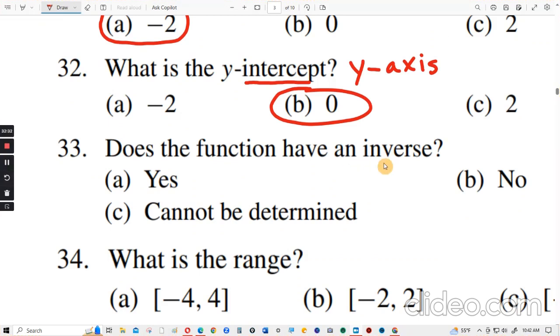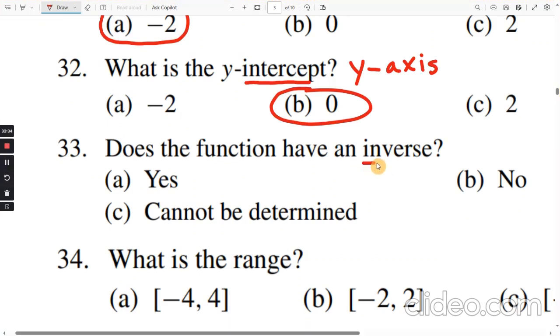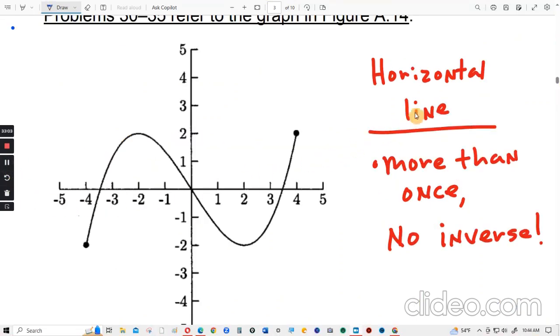All right, number 33, does the function have an inverse? You need to do the horizontal line test. The vertical line test is to test if it's a function. The horizontal line test is to test if it has an inverse. If it intersects more than once, then it does not have an inverse. I'll write that up top, but let's go to the graph. You draw a horizontal line.